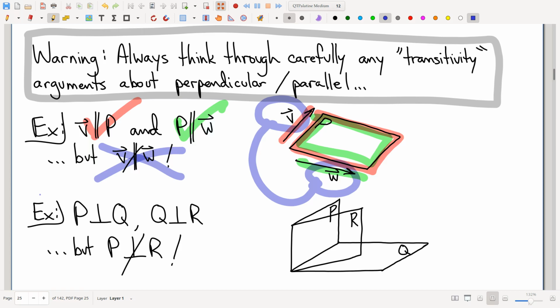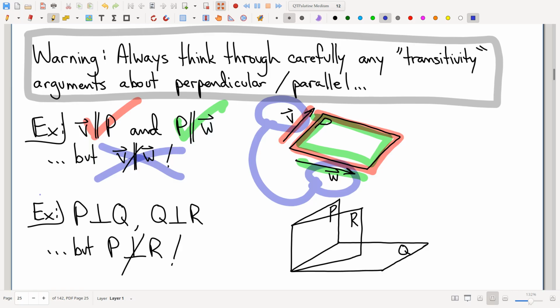Shouldn't that go forward? It doesn't. Easy counterexample. So if you make an argument on an exam or a homework exercise where you cite a vector being parallel to a plane and that plane being parallel to another vector, and you conclude that those two vectors must be parallel to each other, that reasoning is invalid.